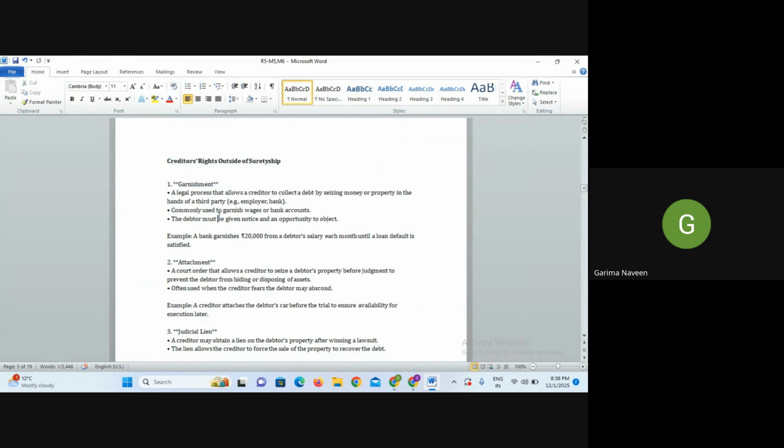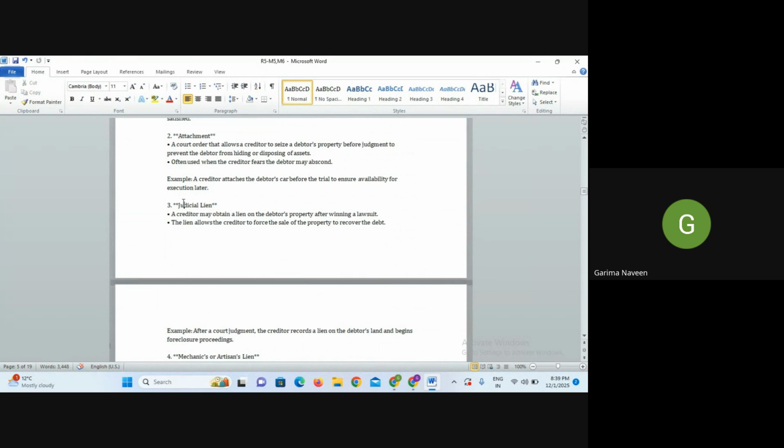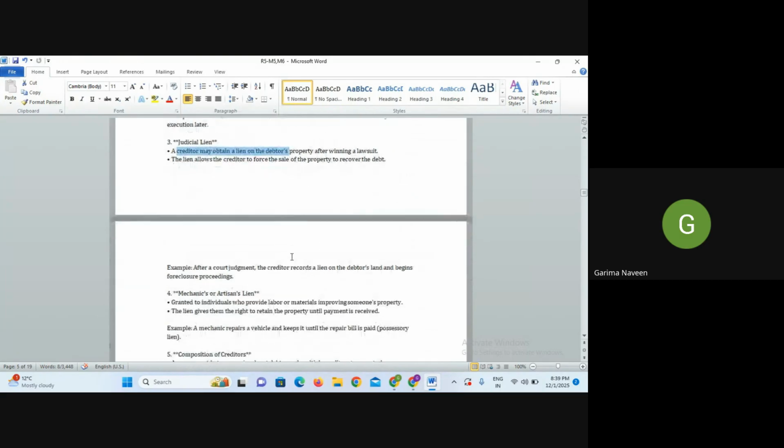So, first we discussed garnishment. Garnishment basically gives the creditor the right to seize the property of the debtor which is in the hand of a third party. Next, attachment. It states that you can seize the property of the debtor even before the court judgment is given, so that the debtor is not able to hide that property. Judicial liens state that a creditor may have the option to lien on the debtor's property, so they can seize the debtor's property and sell it in order to recover their debt.